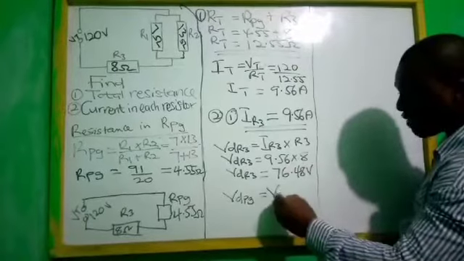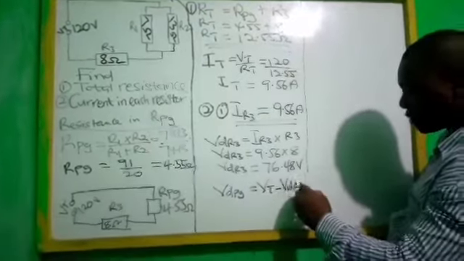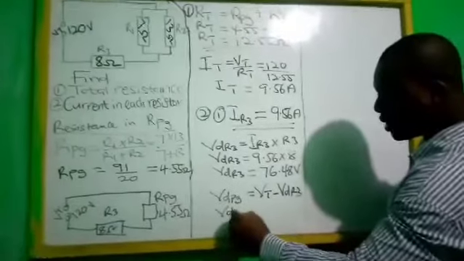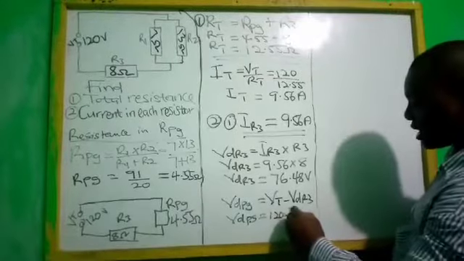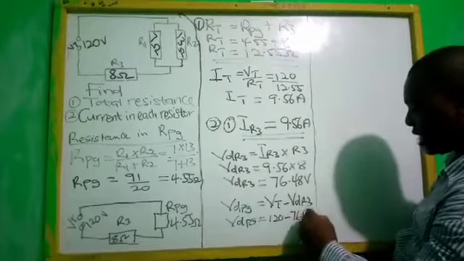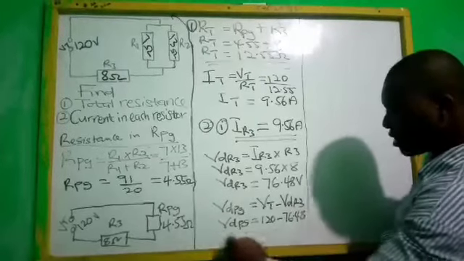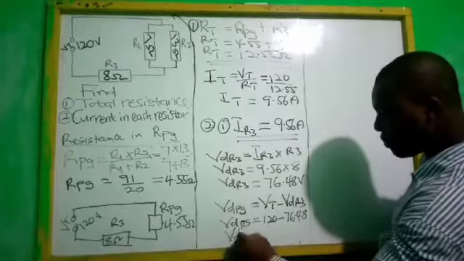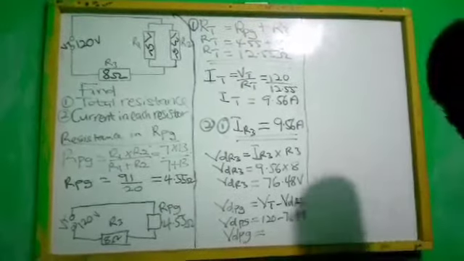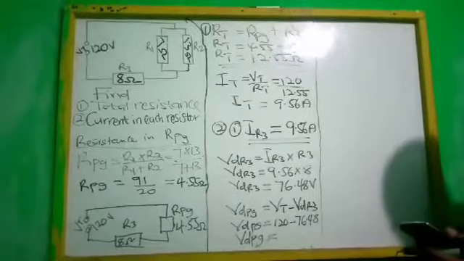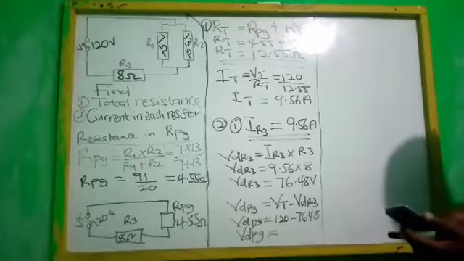So voltage drop in the parallel group is equal to 120 minus 76.48.